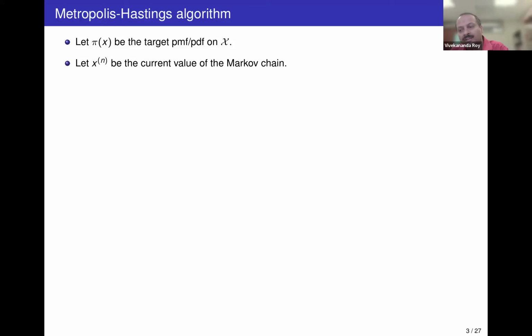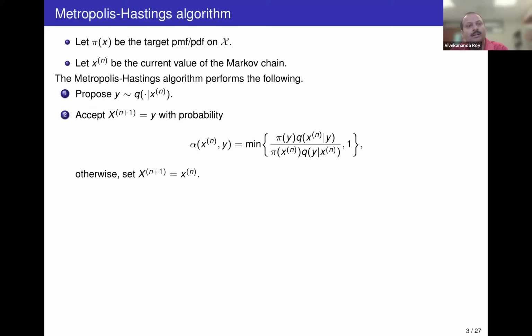Now, there are many different MCMC algorithms available for constructing such a Markov chain. Metropolis-Hastings is the predominant among these algorithms, where we basically draw a proposal Y from almost an arbitrary proposal density Q, and then we accept or reject that proposed Y as the value of the Markov chain for the next iteration, with certain probability.